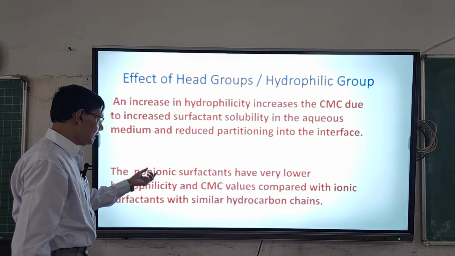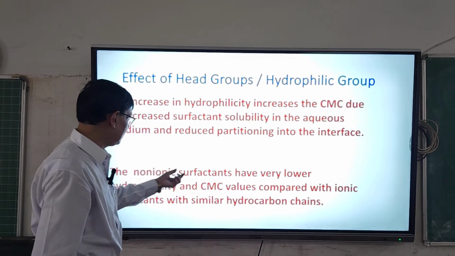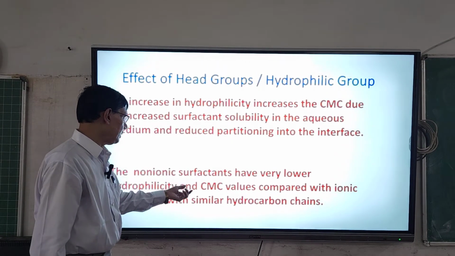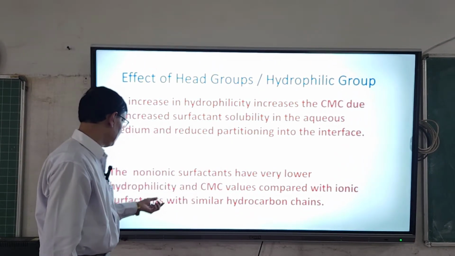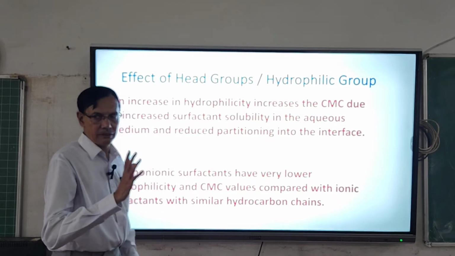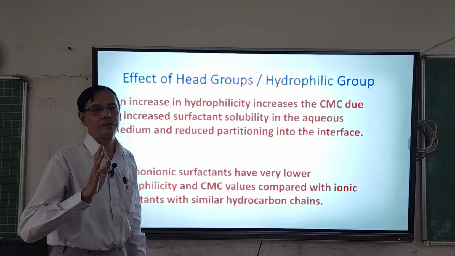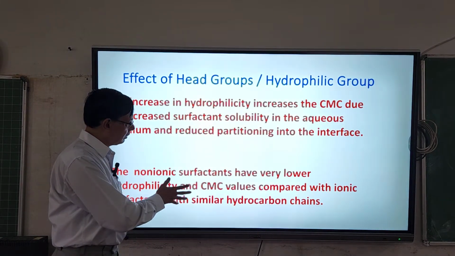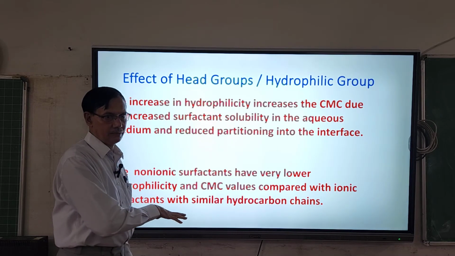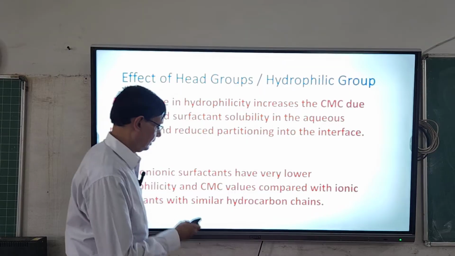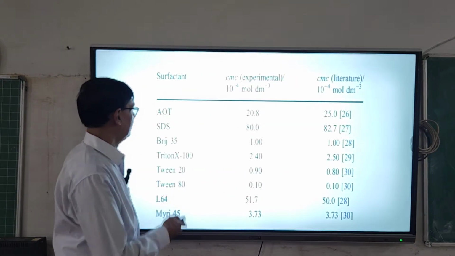In non-ionic surfactants, the hydrophilicity is lower and CMC values are lower compared with ionic surfactants with a similar hydrocarbon chain. It is a thumb rule that the CMC values of non-ionic surfactants are lower as compared to cationic surfactants.